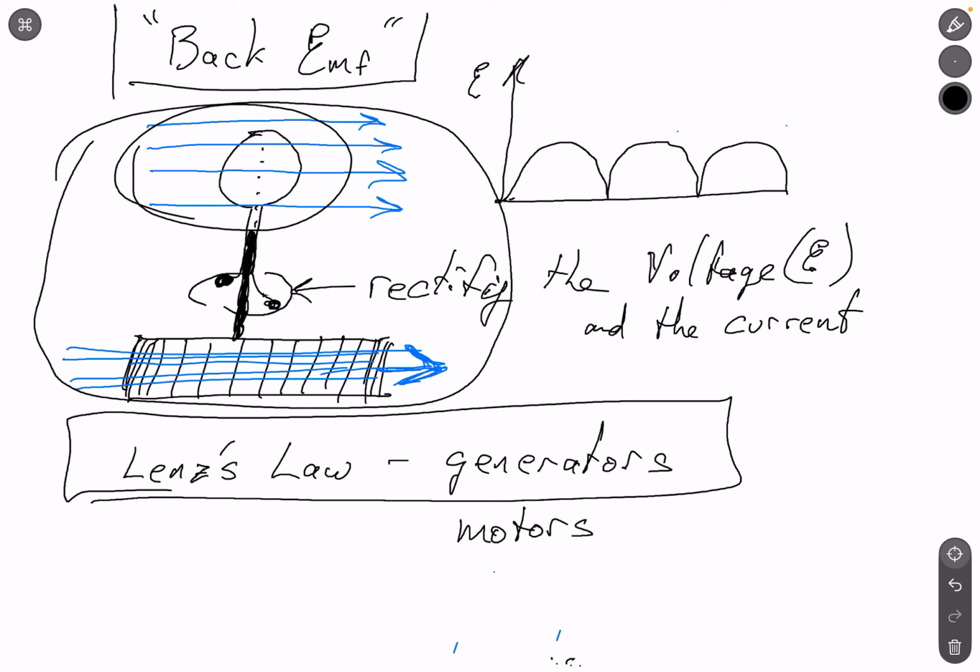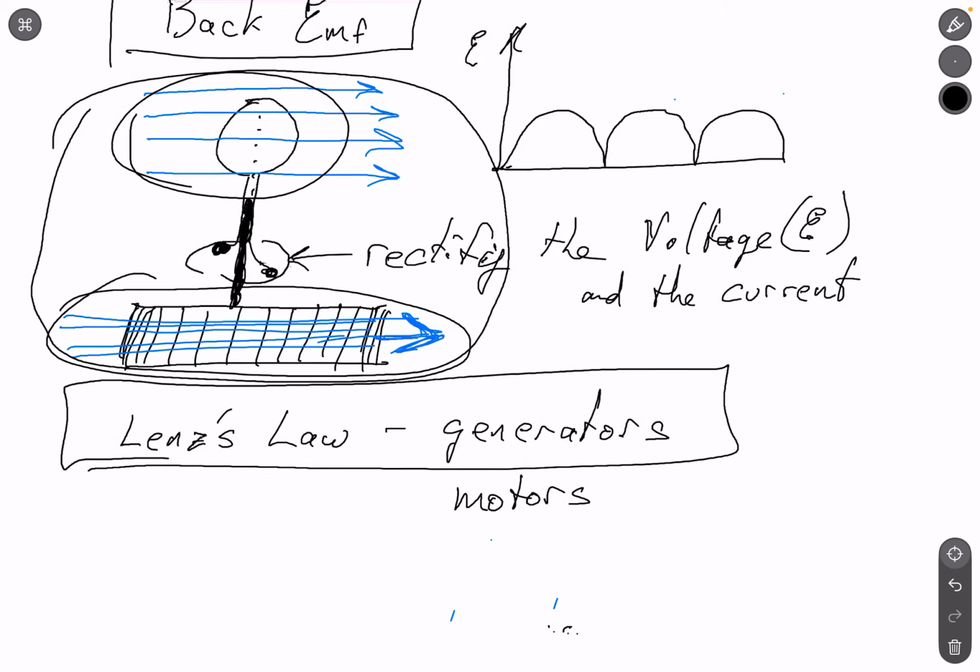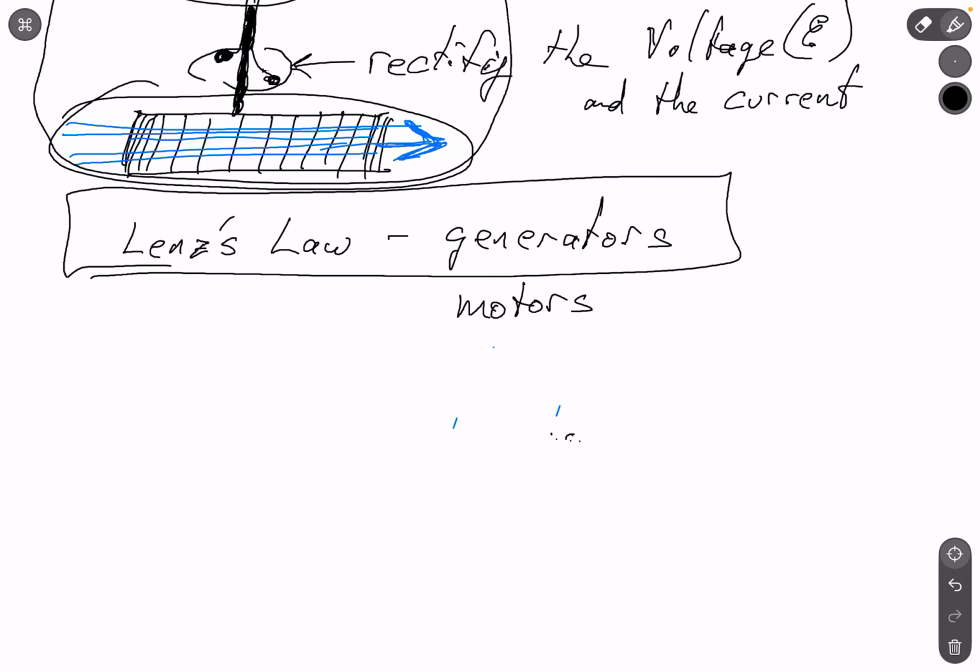Okay, and then a generator takes this and makes current because it's moving in a constant B field. So that's it. Let's not go into that any further. That's as good as it gets.